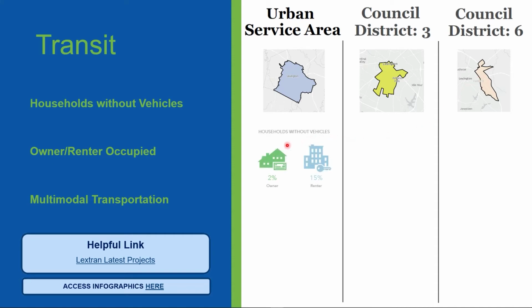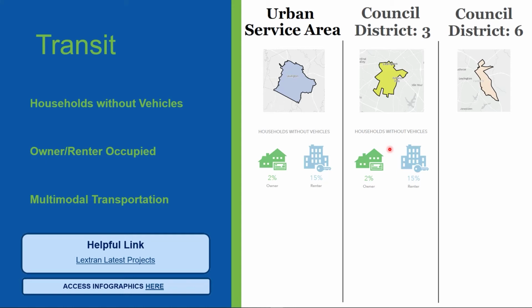So here we see that 2% of owner-occupied houses are without vehicles, and 15% of renter-occupied houses are without vehicles. I was pretty surprised to see that this was the same for Council District 3. I double checked, and it is, at least according to the 2018 5-year American Community Survey data.